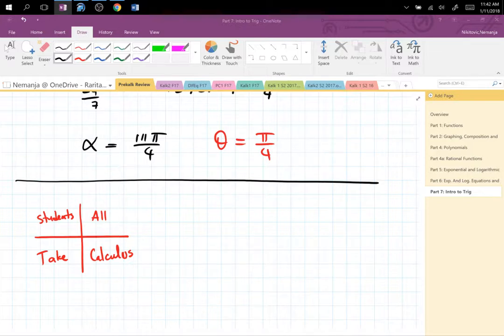Another thing you could do is type in Google "unit circle," and that comes up with this. And you know what you can do with this? You can fill it up.